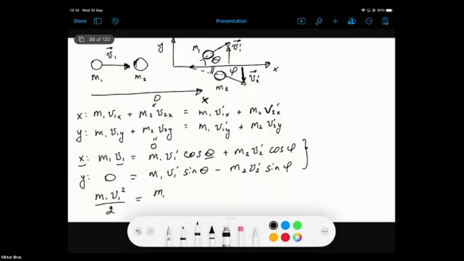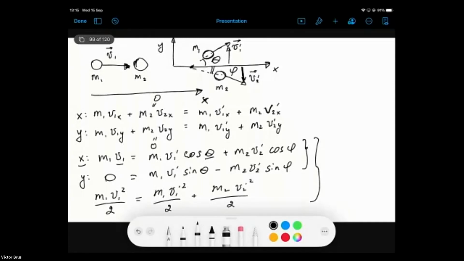So it will be m1 v1 prime squared divided by 2 plus m2 v2 prime squared divided by 2. So in this case, we get a set of three equations, and that already allows us to deal with three unknown parameters, which is great.